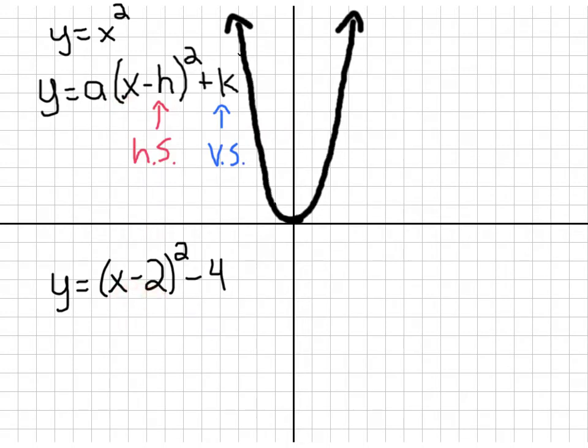So h in this case would be 2. So h equals 2. K up here is our last term, the constant term in this particular one. So the last term here is a negative 4. So that means that my k is going to be negative 4.